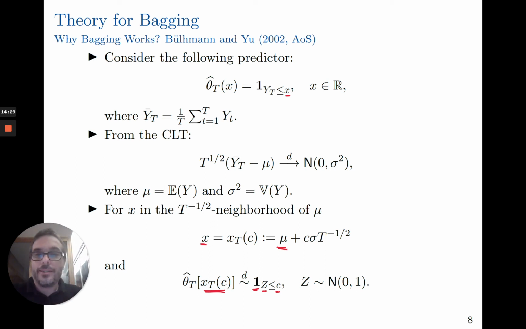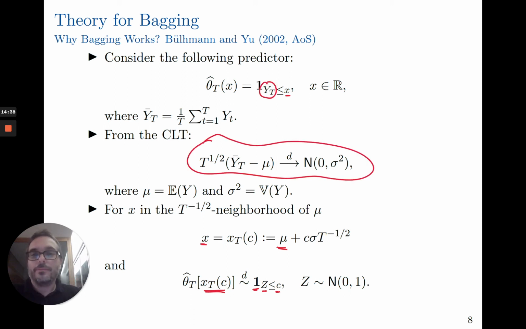A simple way to see that is that we are comparing a variable that in the limit has this convergence rate, and we are looking at the probability of it being larger or smaller than c, and you see that's exactly the probability of a standard Gaussian variable being less than or equal to c. Just taking this result with the definition of x_T(c) and the definition of theta, you get to this result.